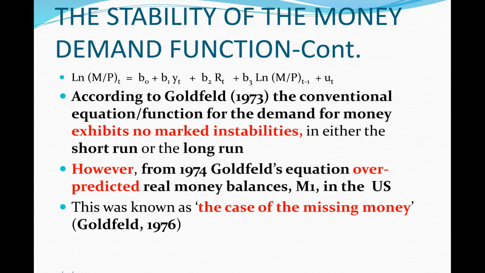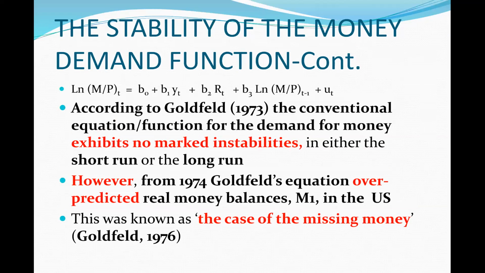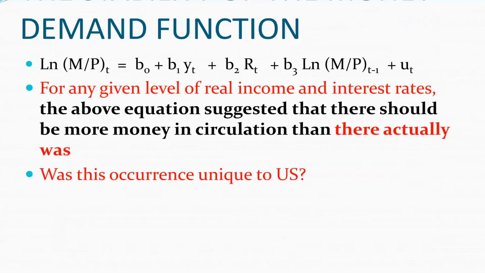Now, when you check from 1974, the Goldfeld equation over the predicted real money balances, you will see that there was a problem with the model. This was the case of what you call the missing money, and we'll amplify it in the next slide. The problem of the missing money.